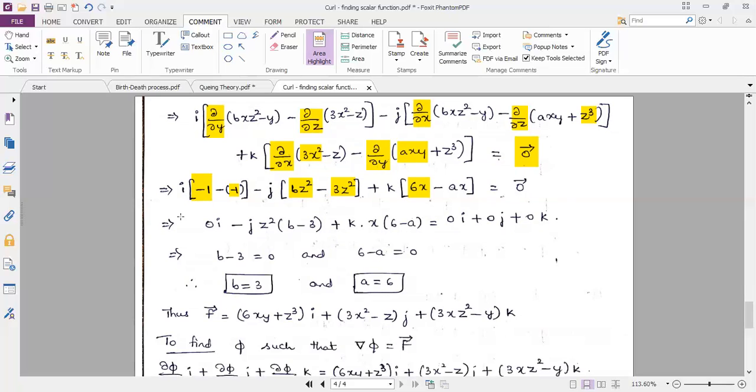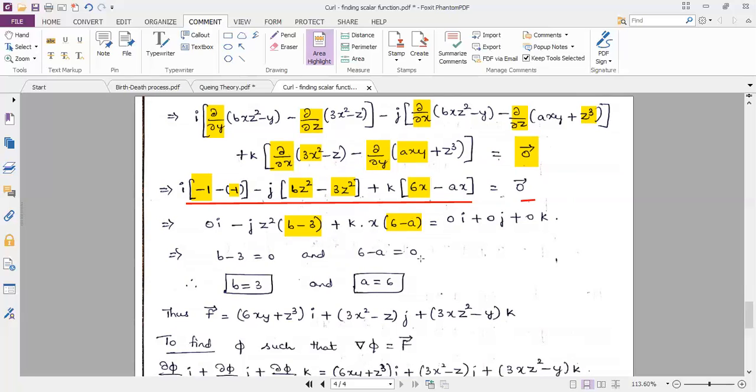So we have this expression, that is i into 0 minus j into (bz square minus 3z square) plus k into (6x minus ax), equated to vector 0, which gives me 0i minus j into z square common, so (b minus 3), plus k into x common, so we remain with (6 minus a), equated to 0i plus 0j plus 0k.